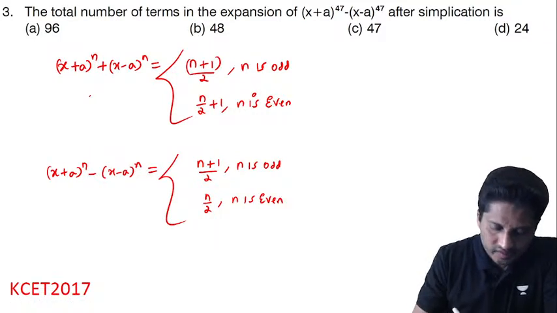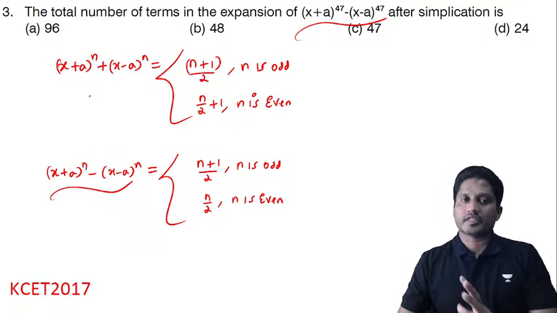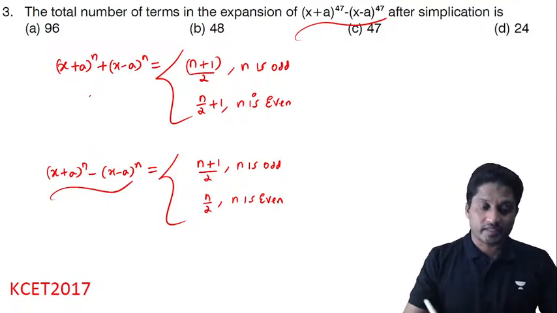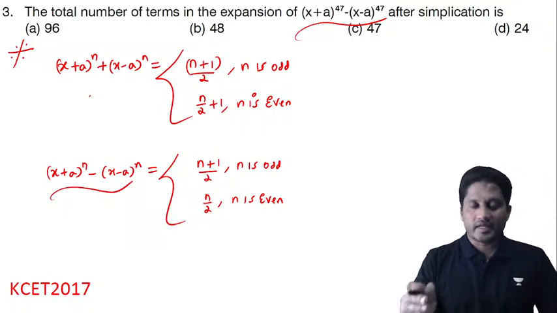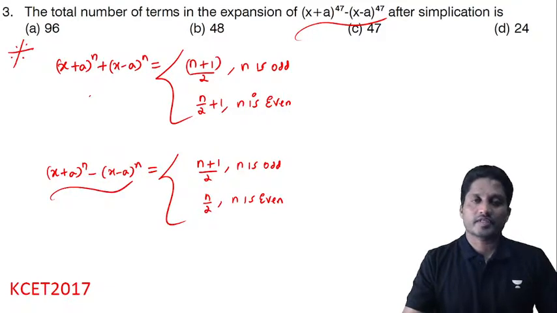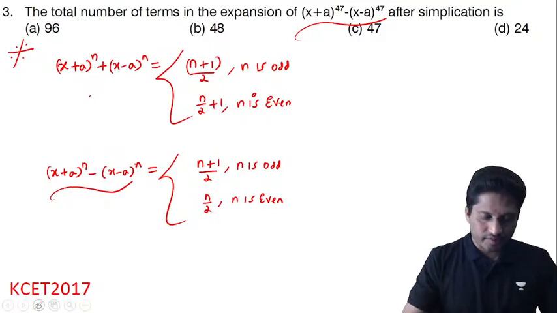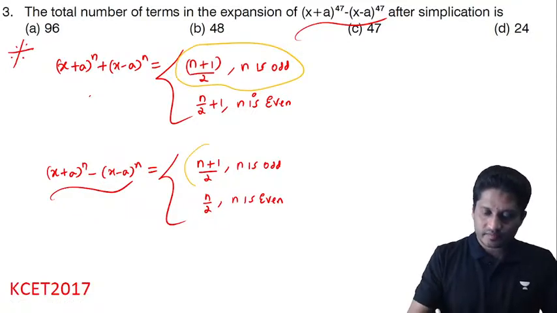You compare this and this. This is of the form (x plus a) power n minus (x minus a) power n. It's easy to remember, guys. This has been asked so many times, in the 2019 paper and 2020 paper also. If it is odd, then it is (n plus 1) by 2 in both cases.